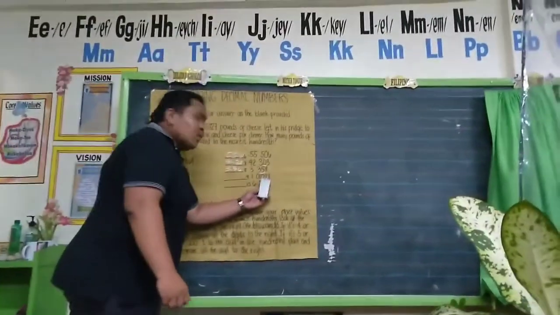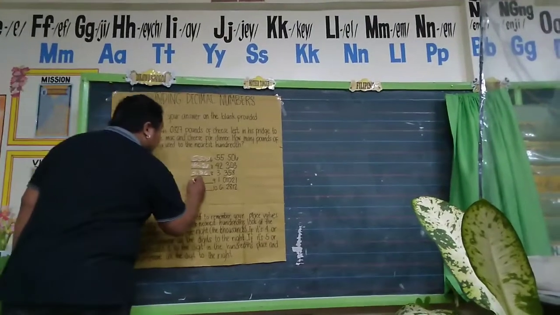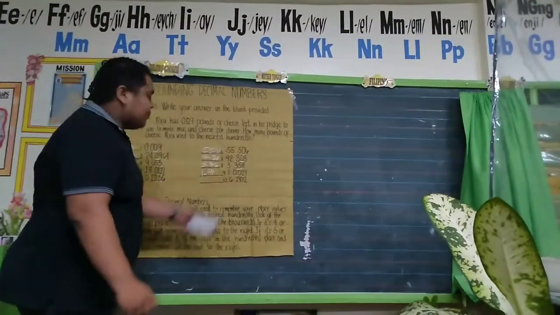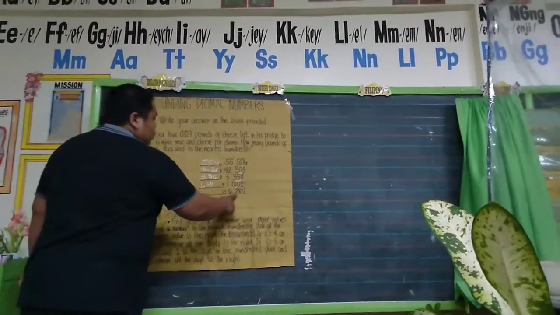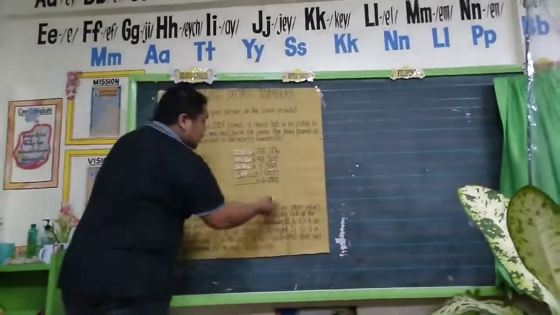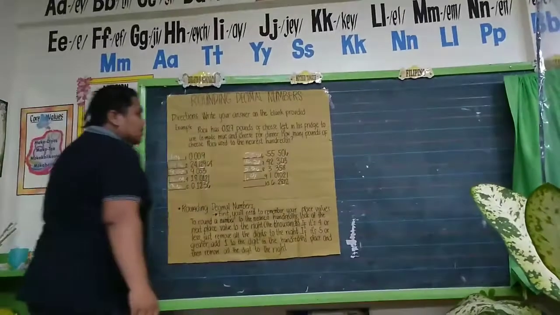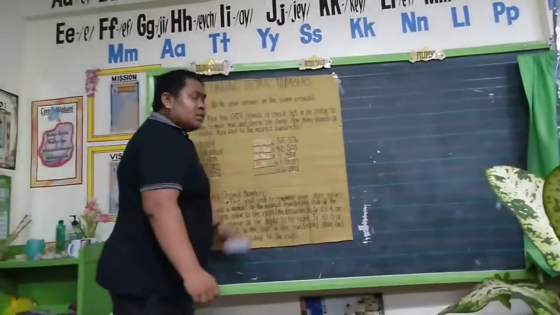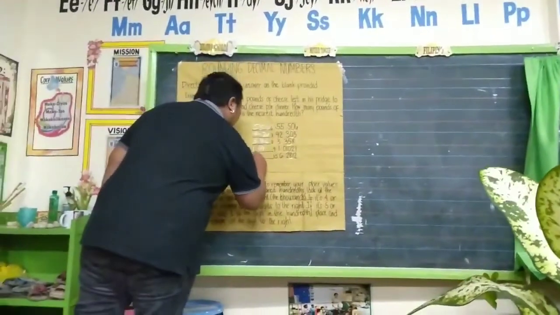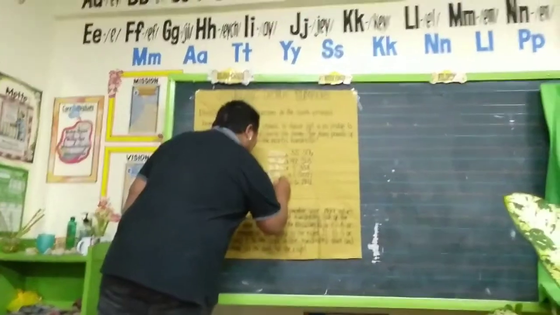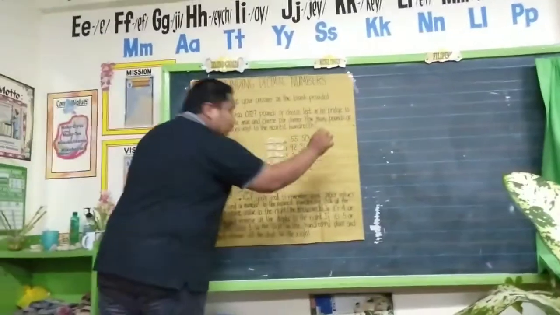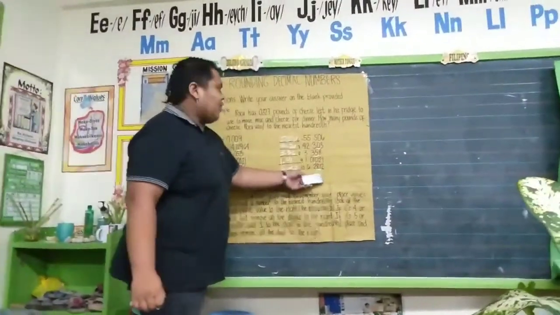Since 0 is less than 5, the answer would be 1.01. And lastly, number 10, 6.2812. The hundredths digit is 8. Correct. And what is the answer? Correct again. The answer is 6.28 because the digit in the thousandths place is 1, which is less than 5.